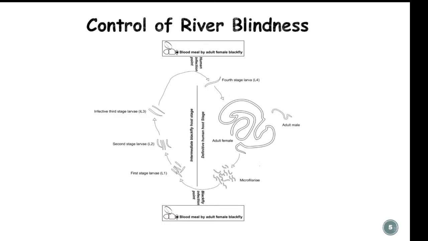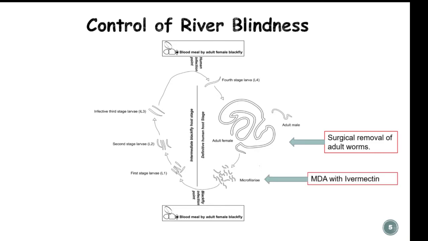One control technique is to surgically remove the adult worms, the females, in the nodules. This is quite intrusive, but it could be an effective way of controlling river blindness.